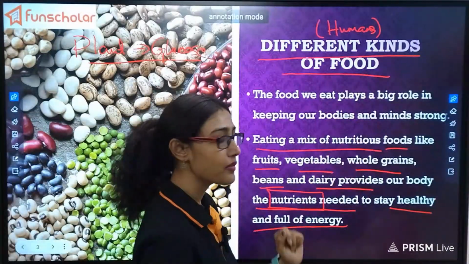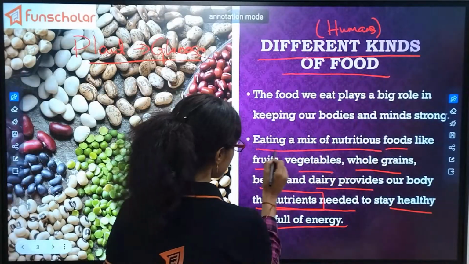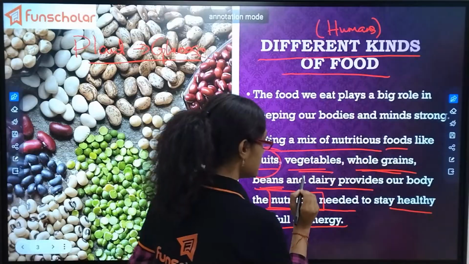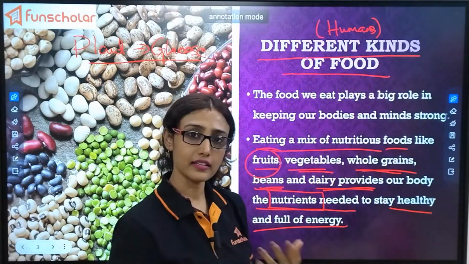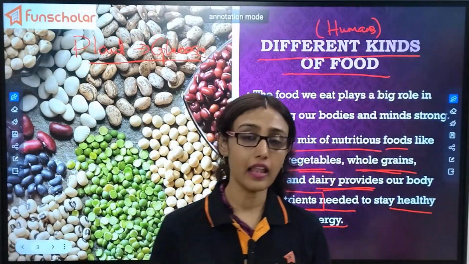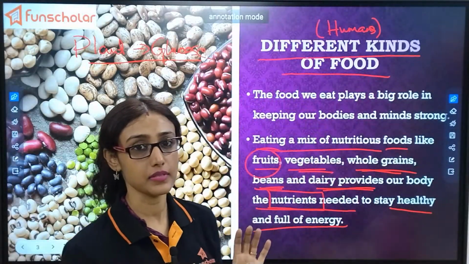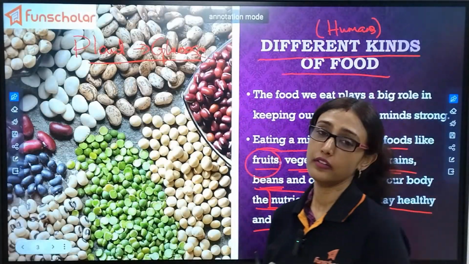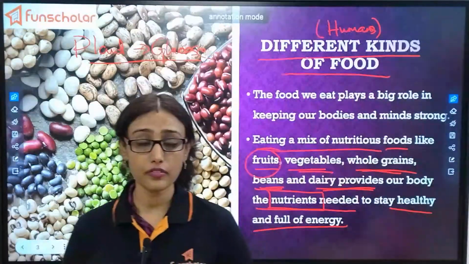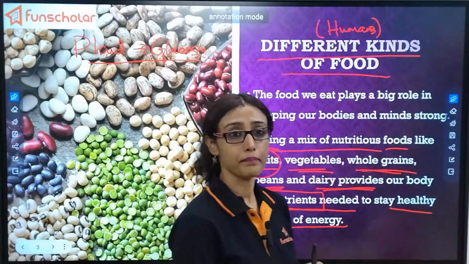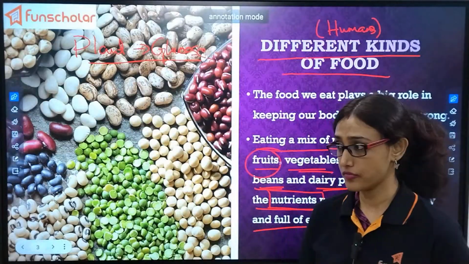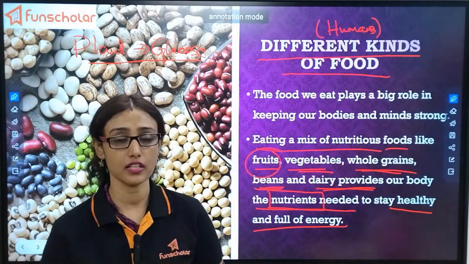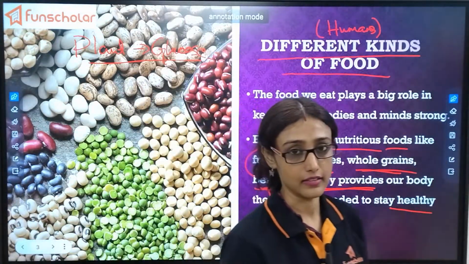What is nutrients? I am coming to it. So nutrients are found in which kind of foods? Fruits, vegetables, whole grains, beans, dairy products, and other varieties of food. Dal, pulses, everything comes under different kinds of food. So if I ask you that why do we need to eat different kinds of food? The answer will be, ma'am, we need different kinds of food because different kinds of food have different nutritional benefit to our health.